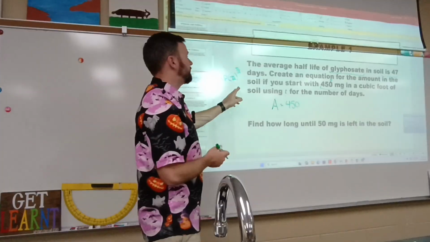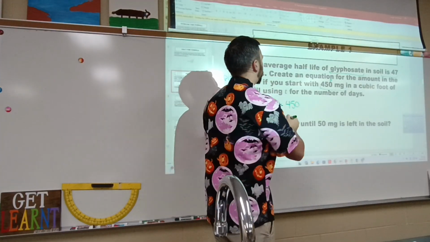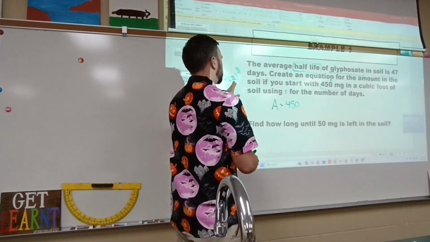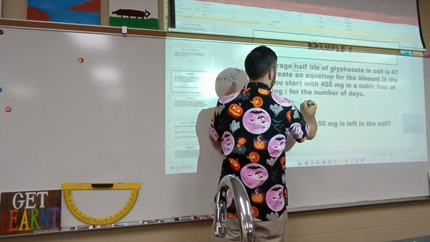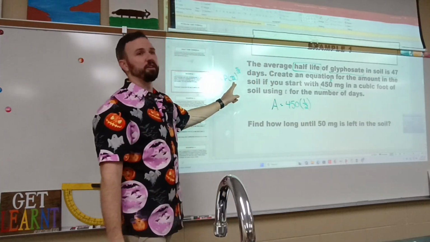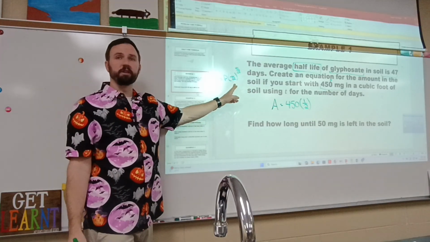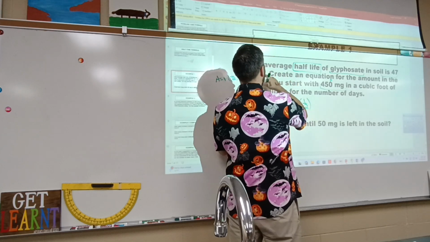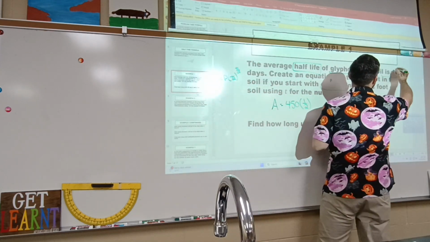Because it's a half-life, that's going to be a half. And that also makes sense. The amount in the soil is not going to go up unless you put it in there. The half-life is 47 days.